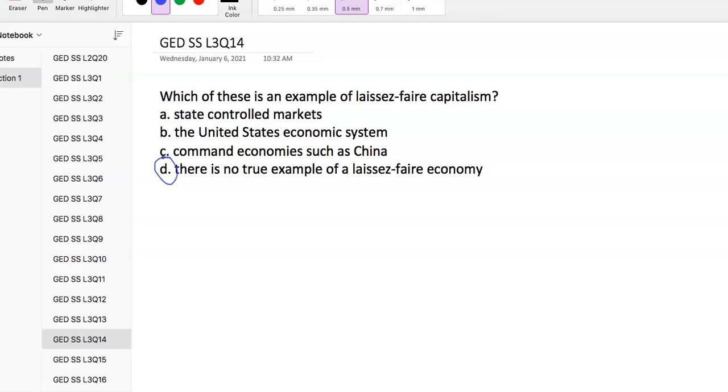So here's some information about laissez-faire capitalism. In French, laissez-faire means leave alone, and this means that the government leaves the people alone regarding all economic activities, right? Prior to the Great Depression, that is how we ran our economy in the U.S., but it is no longer true.